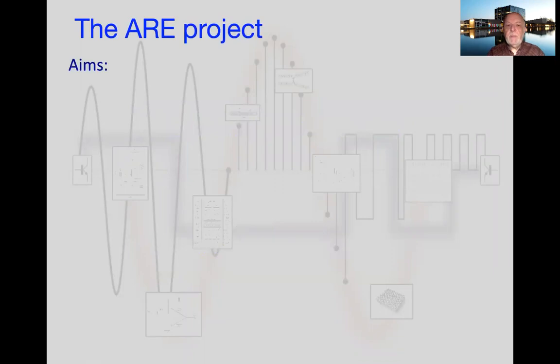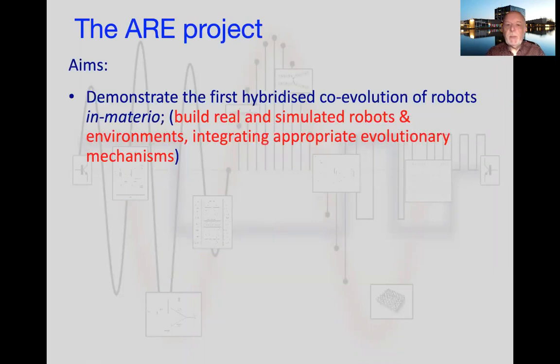So what were the aims of the ARE project? It's to demonstrate the first hybridized co-evolution of robots in material. What does that mean? It means that we want to build real robots, so that's the material bit, and also we want to build a simulator of those robots, so that we hybridize between real robots and simulated robots.